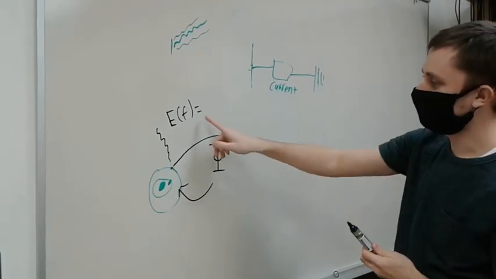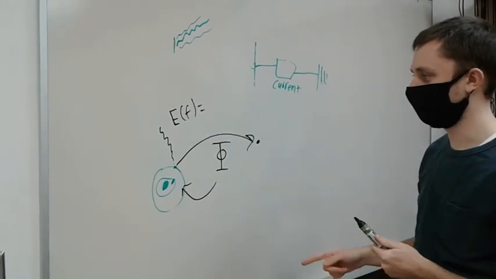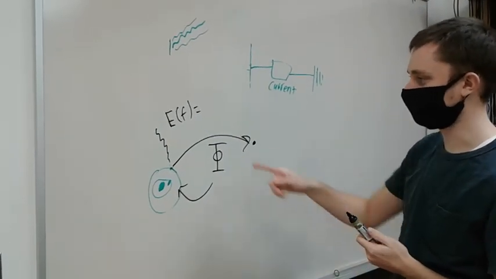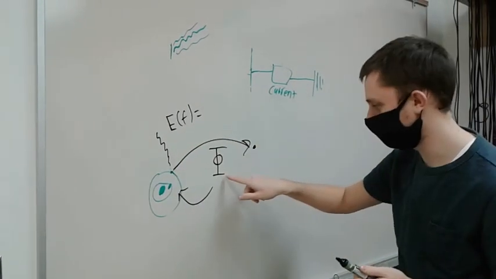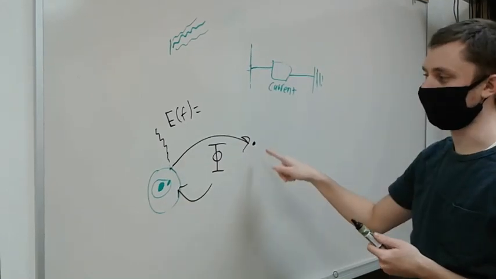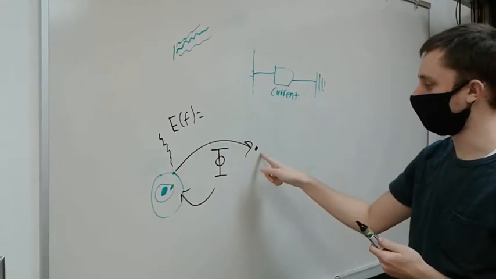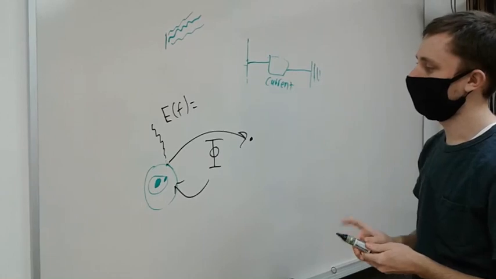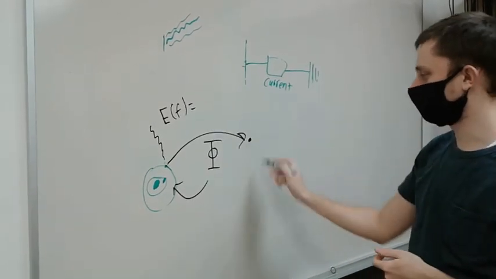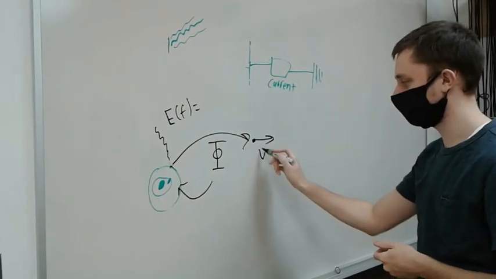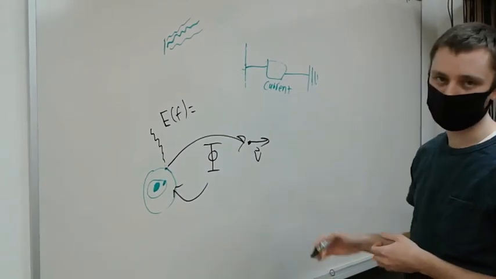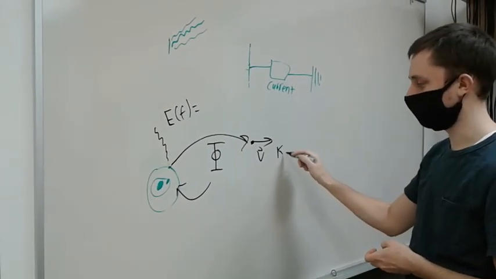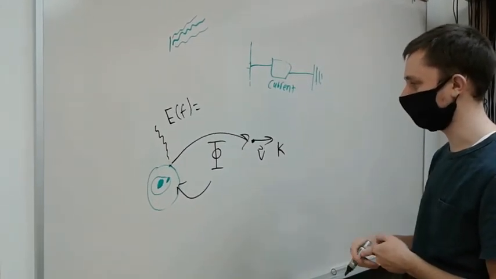Now, it'd be a very big coincidence if this energy happened to equal exactly the energy to take the electron out. Usually this energy would be more than the energy to take it out, in which case this particle is going to have some velocity. That's going to be represented in kinetic energy, which we denote with a K, if you remember from Physics 121.